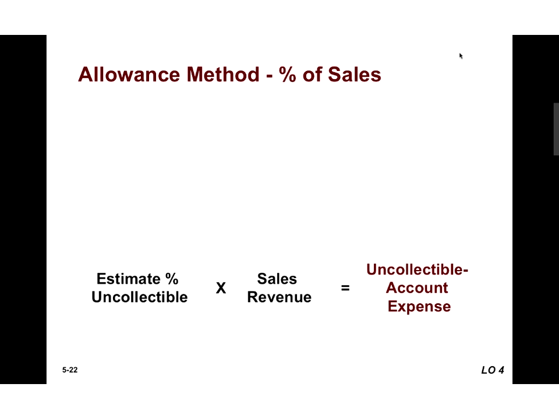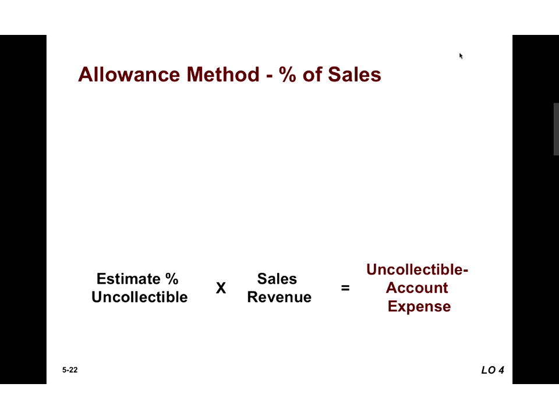Okay, the first one, allowance method. The formula, pretty easy. You take your estimated uncollectible percentage, which you're given, times the sales revenue, and that gives you that expense amount. That's it. So that's the income statement approach because you're taking sales revenue times this percentage uncollectible.